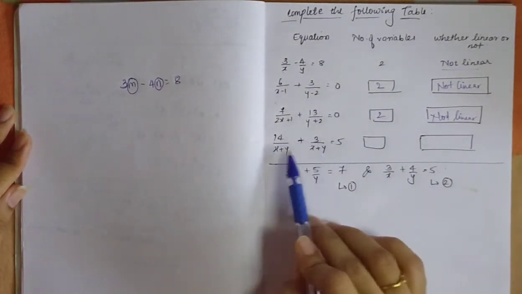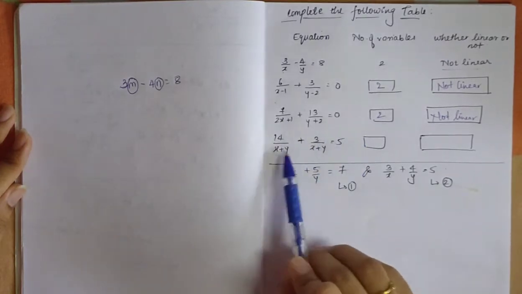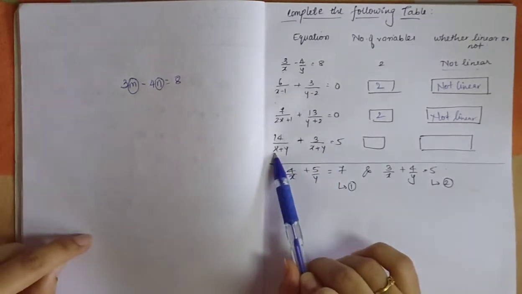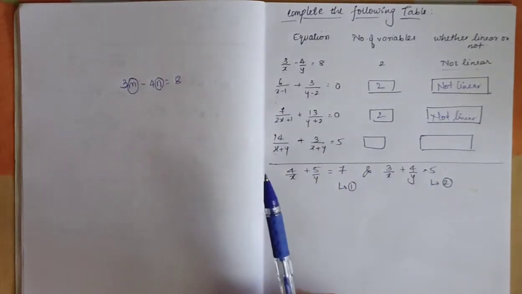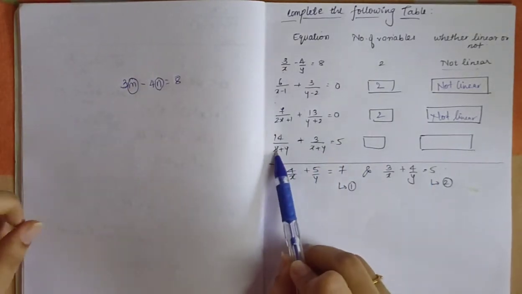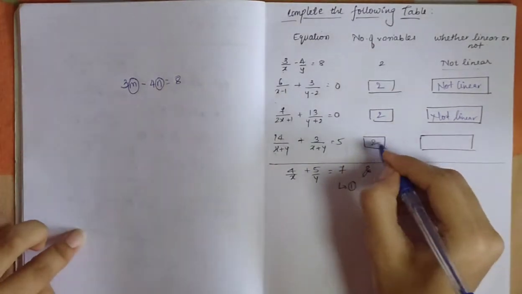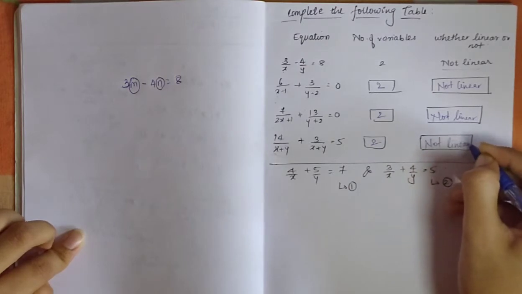Even though there are 2 times this x plus 5 given here, you cannot say that the number of variables are 4. No, x is repeated. Even though x is repeated many times, it doesn't matter. x is once and y is once. That's it. So the number of variables is 2. Again, not linear as it is in the denominator.